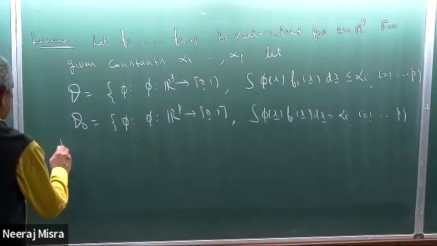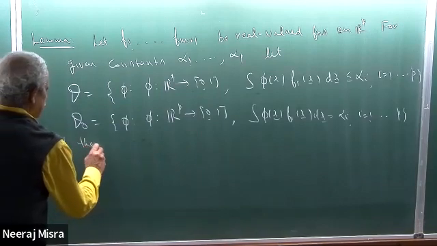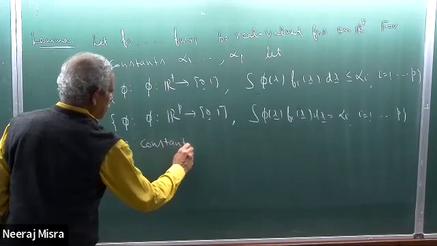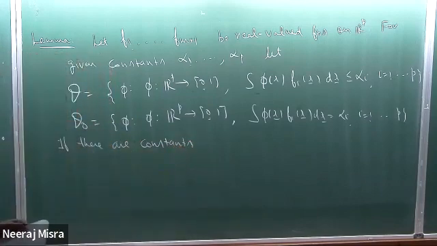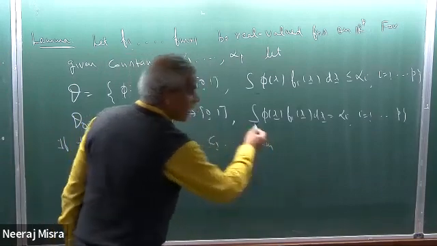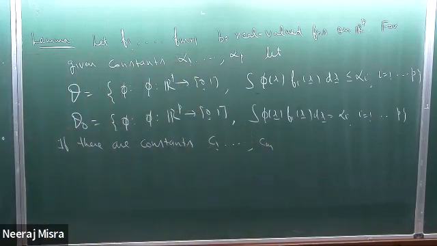Now, if there are constants C1, C2, up to Cm. Note that in the Neyman-Pearson lemma, I required the Ci's to be greater than or equal to 0. Here, I'm not imposing anything on the Ci's.